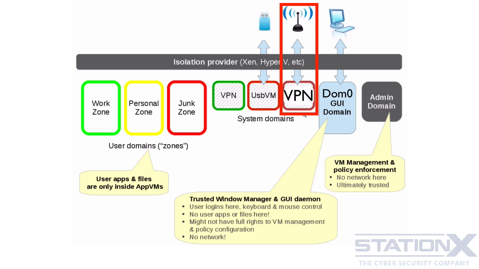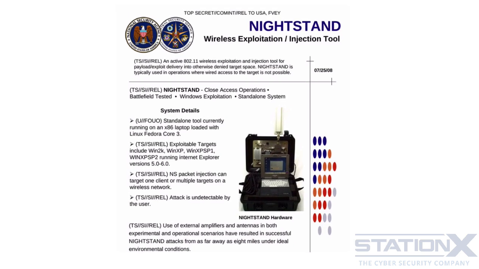And you could also use this to isolate your VPN and make it available for other virtual machines. So what I mean by that is the network VM enforces a VPN and your other VMs are tunneled through that. This prevents leakage.